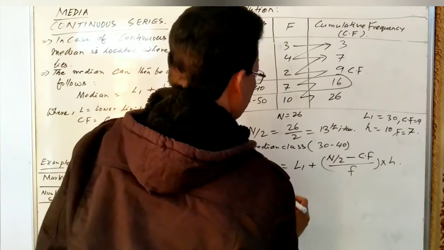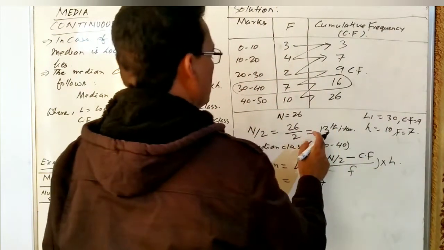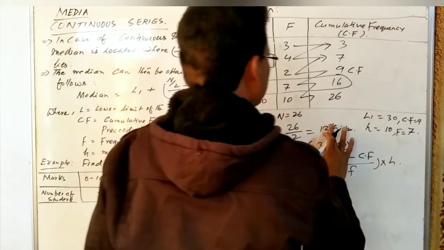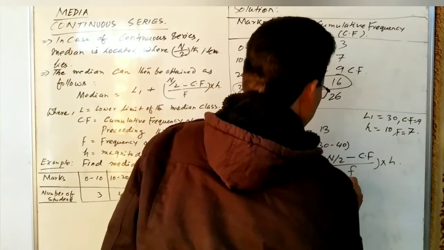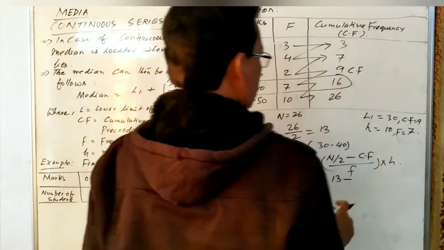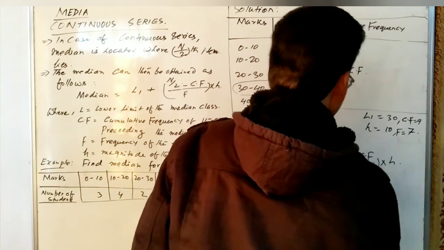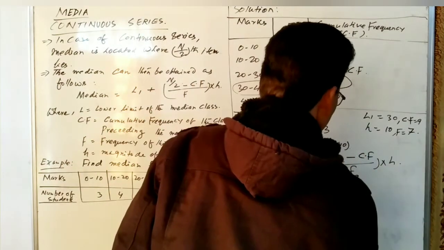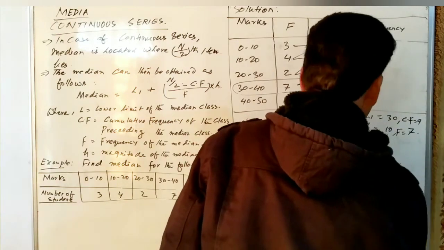We can put in the formula: 30 plus n upon 2, which we have got as 13, minus CF, which is 9, divided by F, which is 7, into H, which is 10.